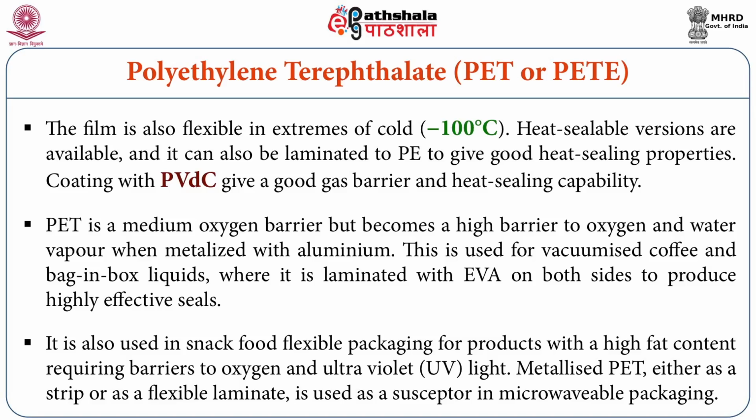Metallized PET either as a strip or as a flexible laminate is used as a susceptor in microwavable packaging. Reverse printed PET film is used as external ply on FFS pouches, where it provides a heat resistant surface for contact with heat sealing bars.